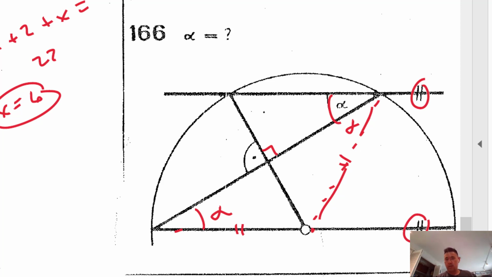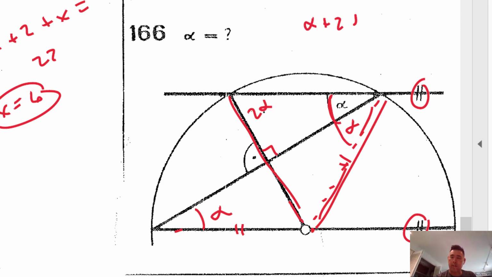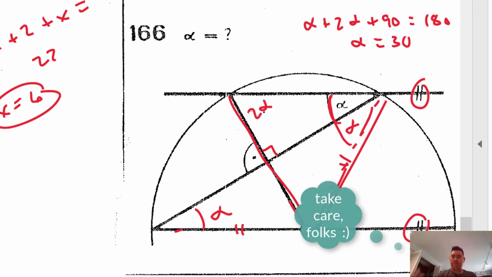And so that means that this whole thing is 2 alpha, so this angle here must also be 2 alpha, looking at this triangle here, with those being the radii. And so now I can do alpha plus 2 alpha plus 90 is equal to 180 and solve for alpha. And alpha ends up being equal to 30. And that's it.